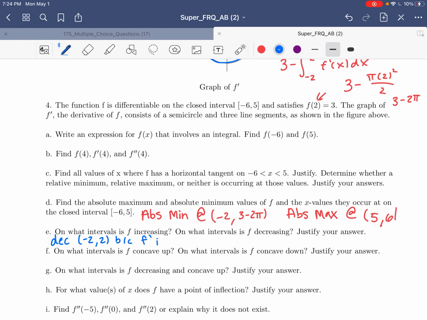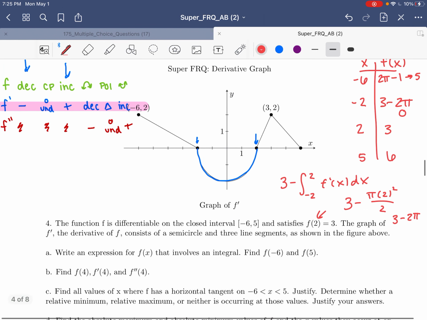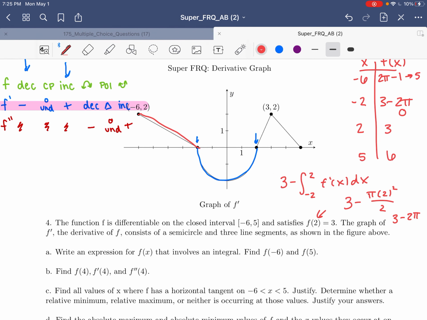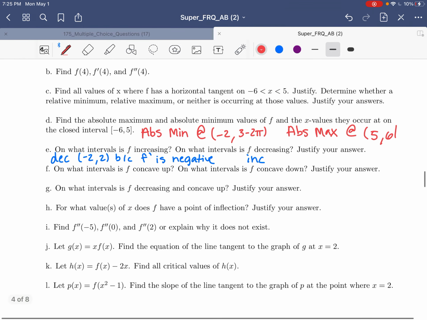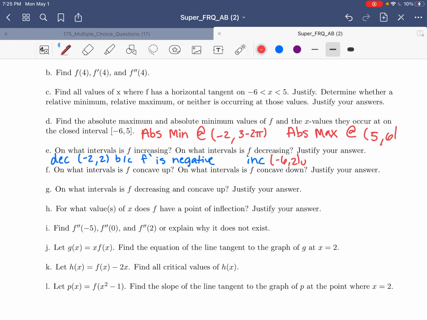And then our reasoning is because F prime is negative. Then it's going to be increasing everywhere that F prime is positive. So if I look up above, it's going to be increasing from negative 6 to negative 2, my bad, and then from 2 to 5. And then we would say because F prime is positive.